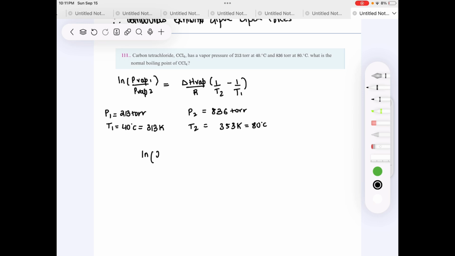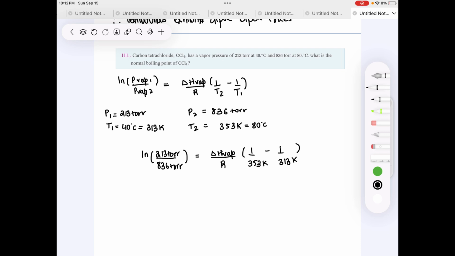Ln of 213 torr upon 836 torr is equal to the enthalpy of vaporization upon R constant, times temperature 2, which is 353 Kelvin, and temperature 1, which is 313 Kelvin.